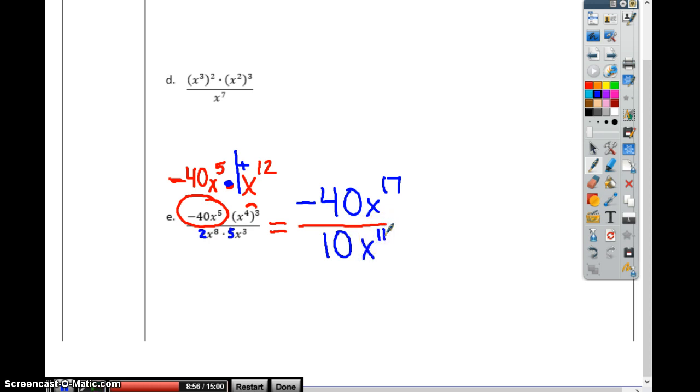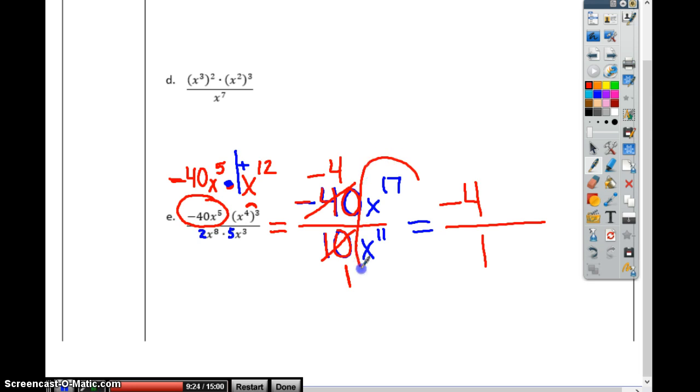Now we're not done. We still need to simplify that a little bit further. We need to divide, and we can simplify the fraction part of it. What goes into both 10 and negative 40 evenly? 10 does, so 10 goes into here once. 10 goes into a negative 40, a negative 4 times. So over here, I've got a negative 4 over 1. That's my number part.